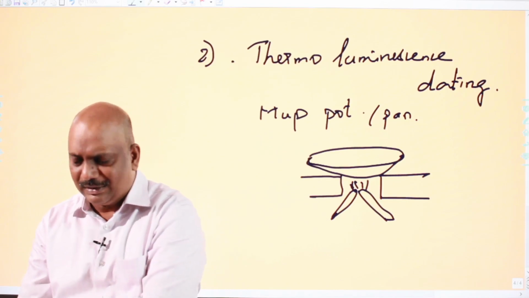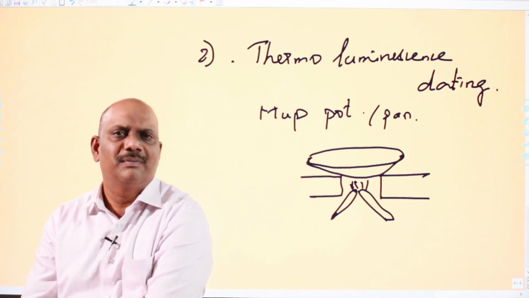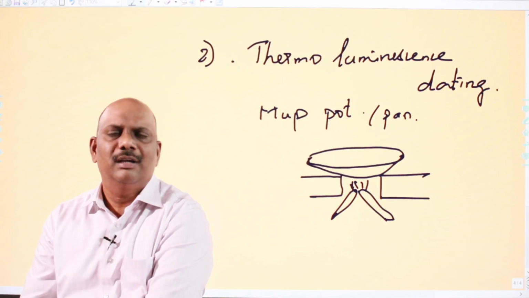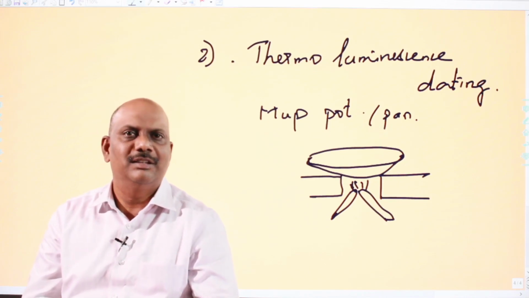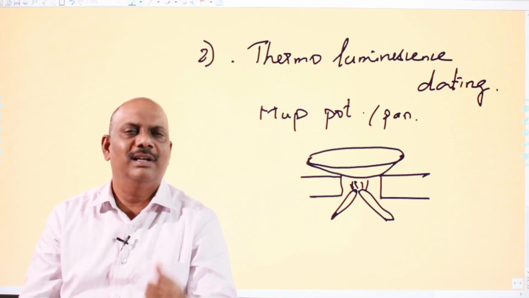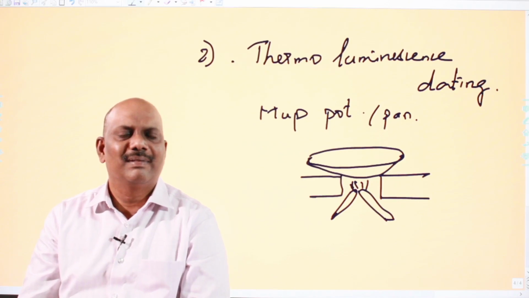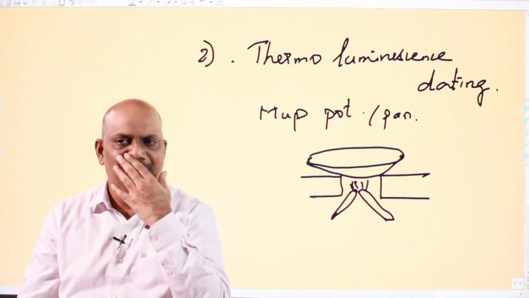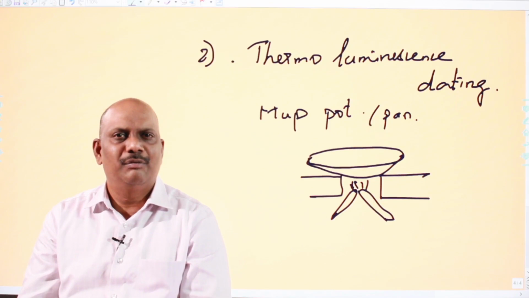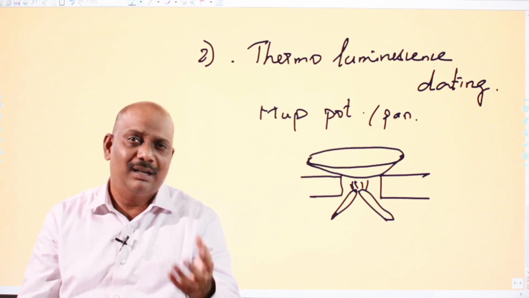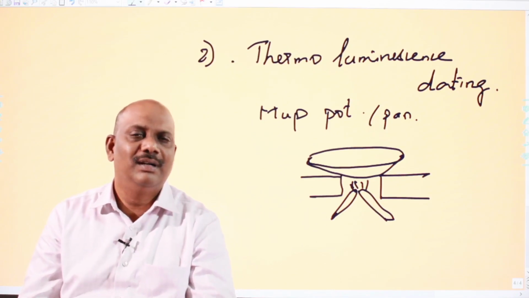I told this to my wife. Within a week, I could see a number of mud pans in my home, and she started cooking in this mud vessel. A few of our servants were breaking their heads because it is really very difficult to clean it.